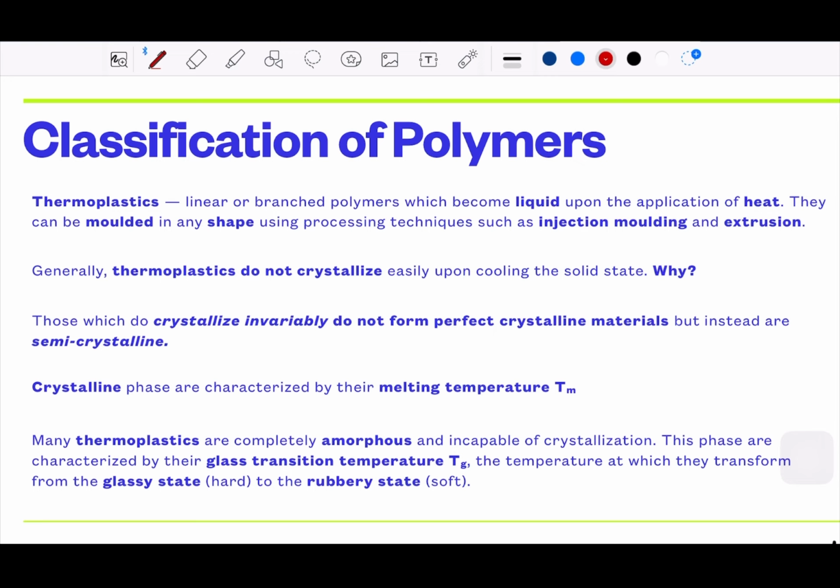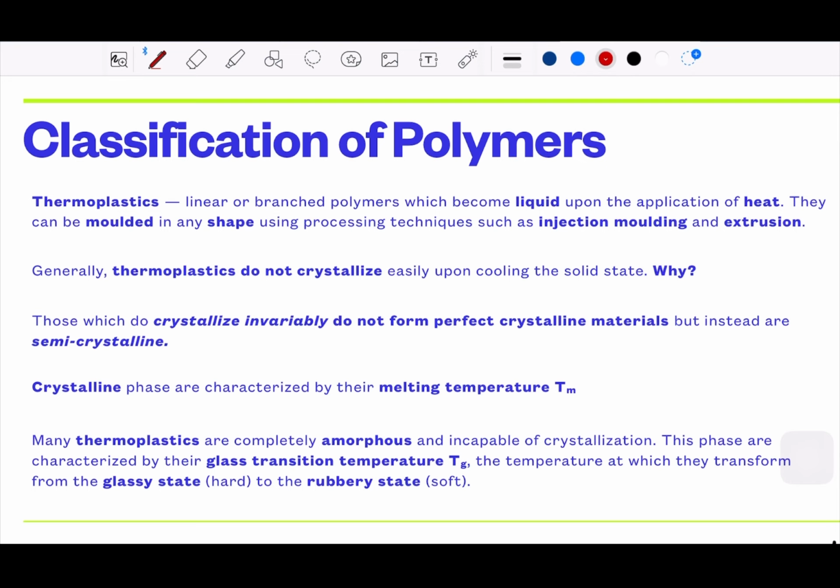Anyone want to answer anything? So it's just saying that the thermoplastic doesn't crystallize easily when we put in heat and then cool the polymer.